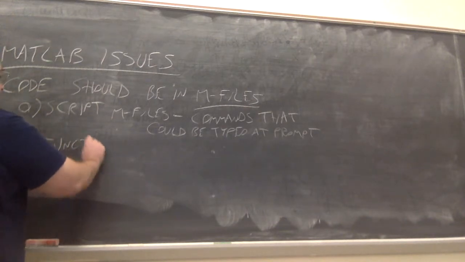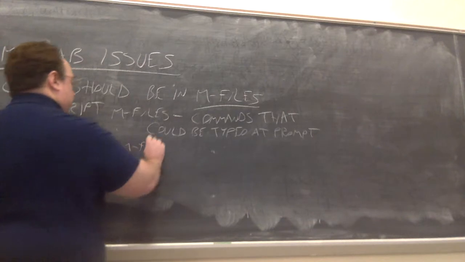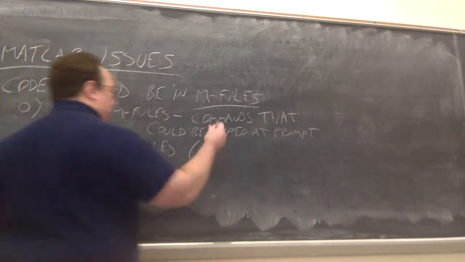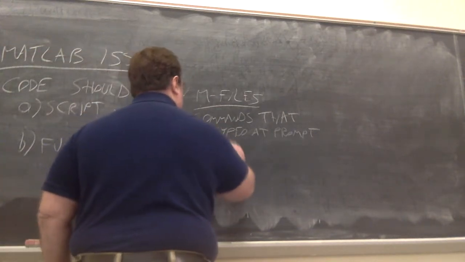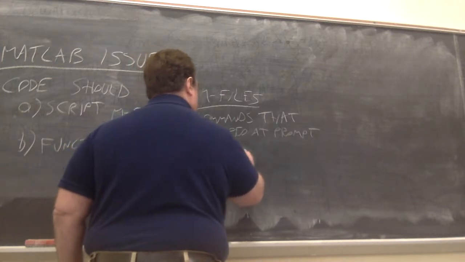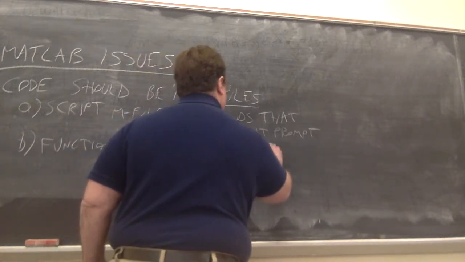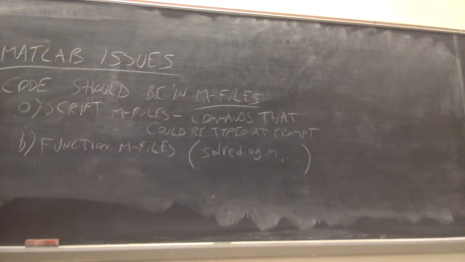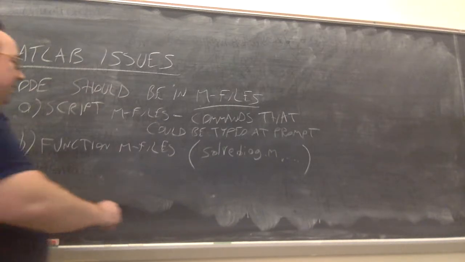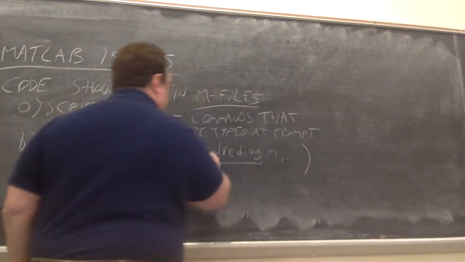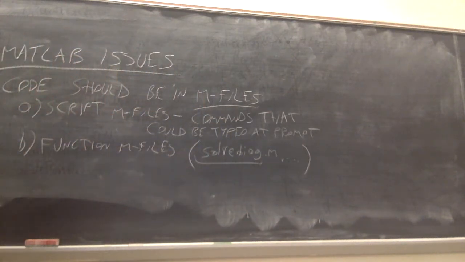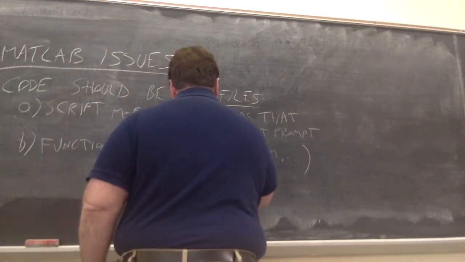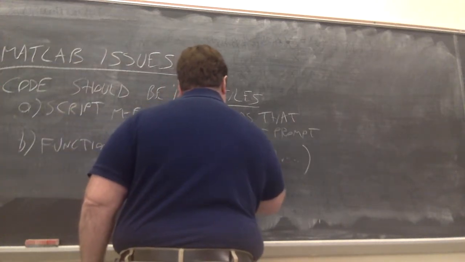function M files. For example, in this assignment, there's solvediag.m, and so forth, and there were a couple other ones, like backsub was another one. So that part of a file name, except for the extension, really should match the function name.